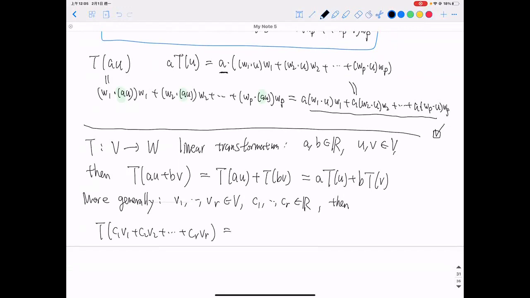First of all, you can break on the terms one after another, that is, you can break it using the first requirement.